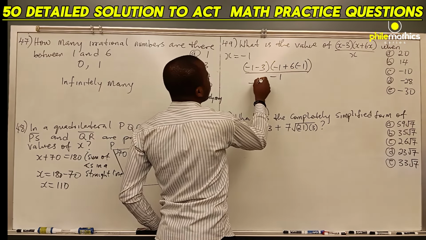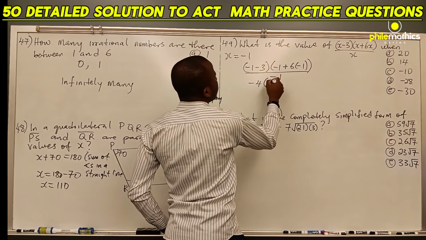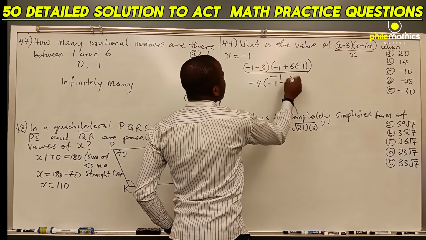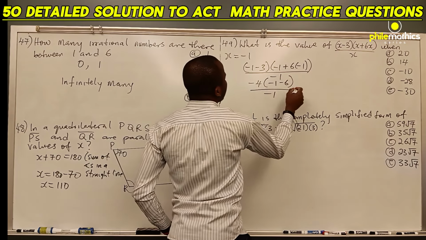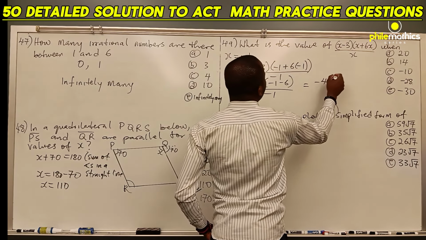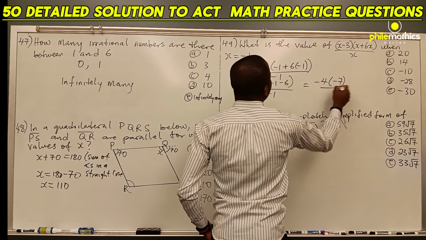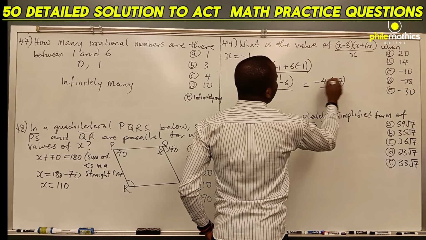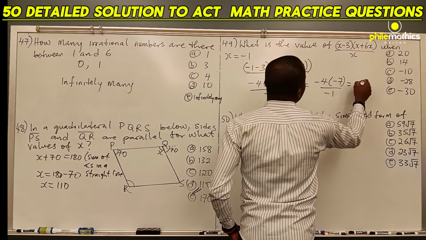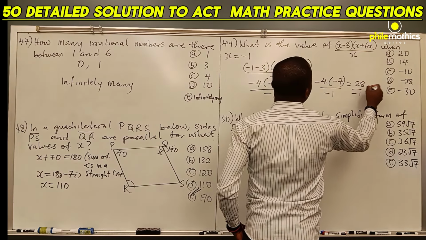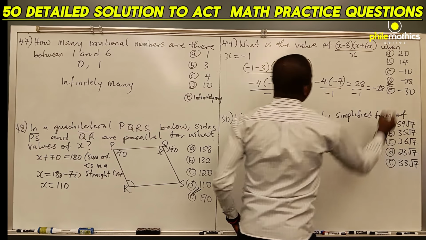So this is minus 4. This is minus 1 plus 6... minus 4 times 7 over minus 1. Minus times minus is plus. So this is 28 over minus 1. So this is minus 28, which is D.